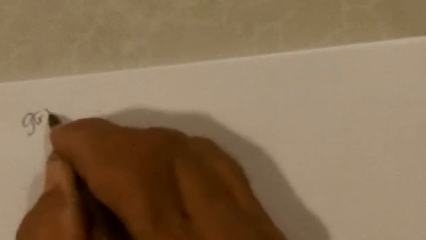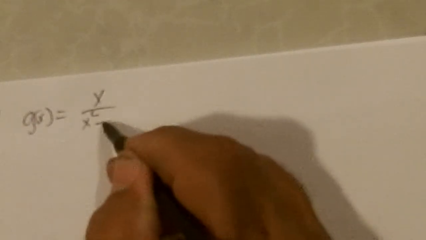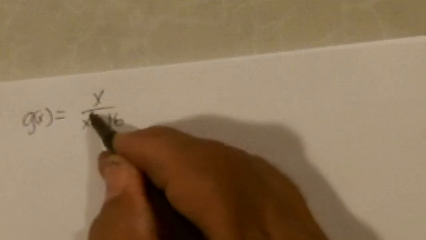Next one is, hopefully not one of those long ones, 55. And it says find the domain of these. So 55 is g of x equals x over x squared minus 16. Well, the denominator can't be 0. Numerator can be, but denominator can't be.